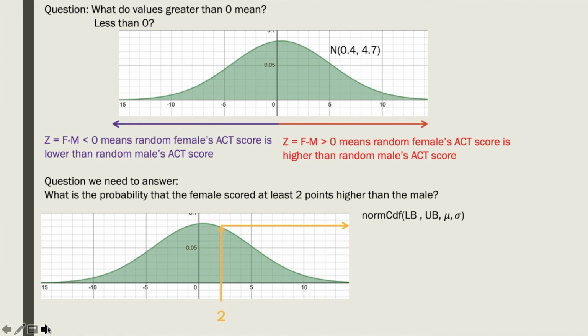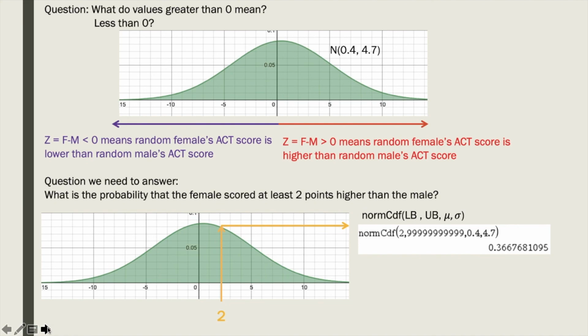And then whatever your mean and your standard deviation is. So what our calculator command should look like is this. We have the normal CDF, lower bound is 2, the upper bound is infinity, or 99999, mean is 0.4, and standard deviation is 4.7.